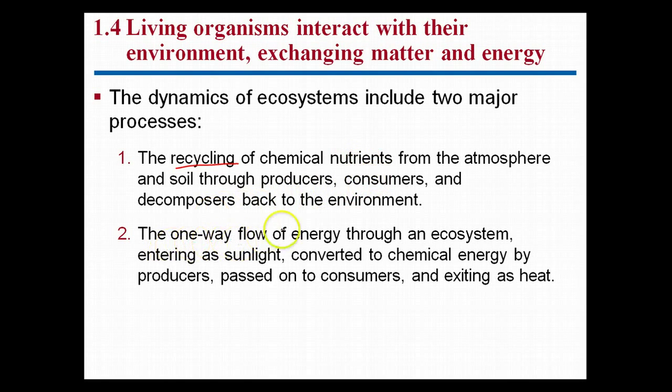There's also some one-way flow of energy, and this is going to be more from your food chain. So as it passes, you get sunlight, it's passed to a producer, and then passed to a consumer, and then eventually it leaves as heat. So those are your two dynamics when it comes to ecosystems.